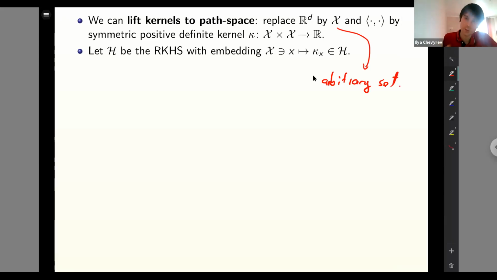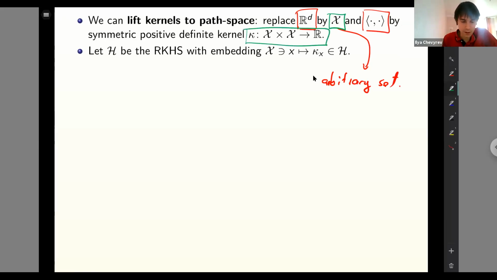In the previous algorithm that we looked at, we restricted attention to R^d and to the Euclidean inner product. So we can replace R^d by the set X and some positive definite symmetric kernel kappa.